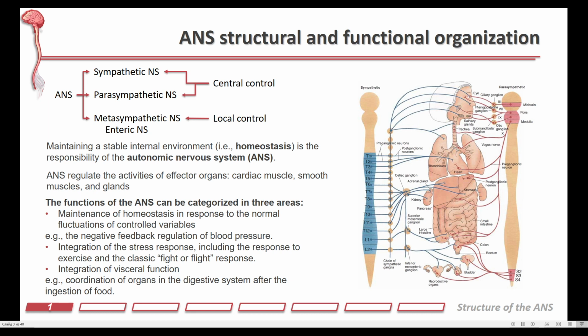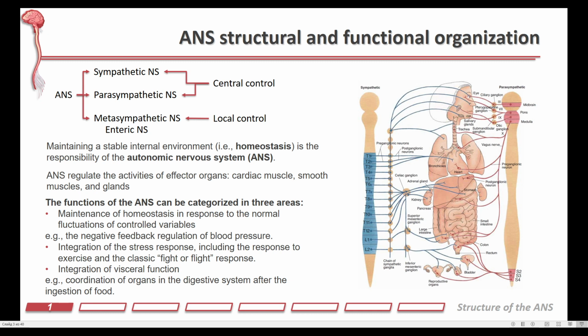What it does is help to maintain homeostasis in response to normal fluctuations of functions which you control. For example, we have lots of negative feedbacks in the body, like regulation of blood pressure, regulation of heart rate, thermoregulation, all of those.